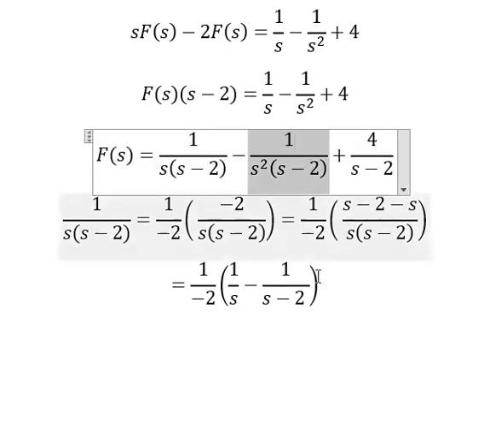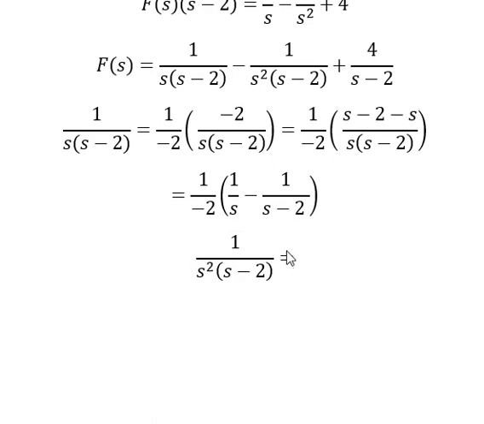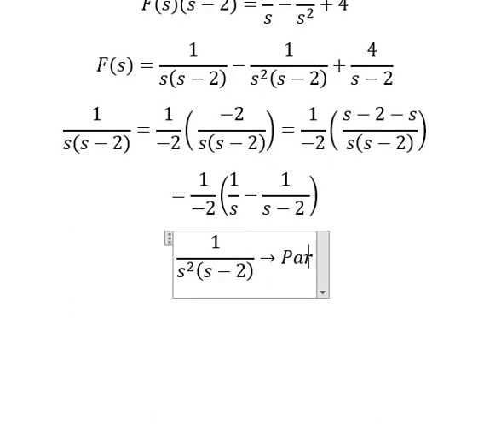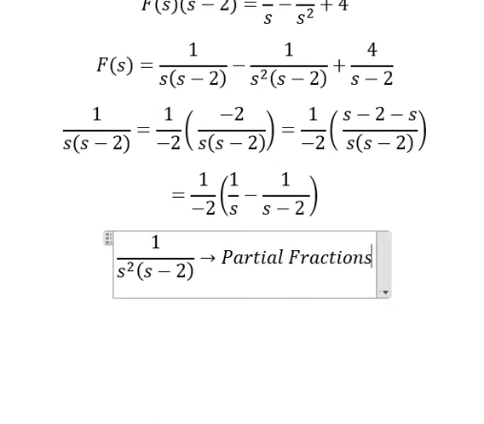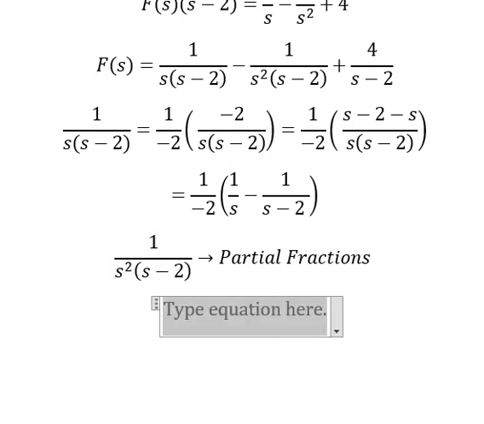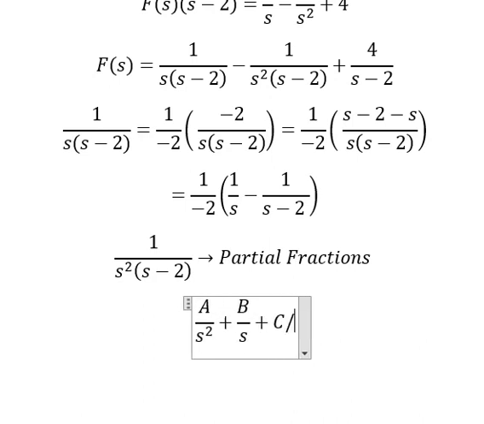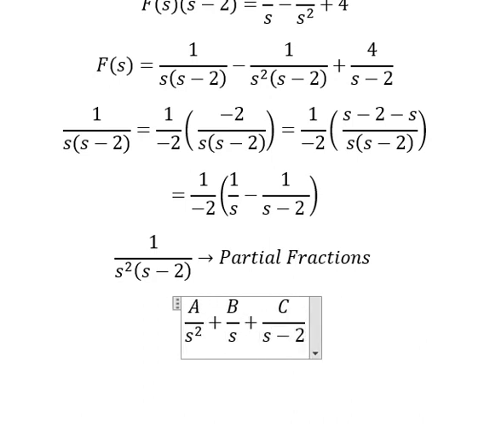So for this one, we need to do partial fractions. So I will put A over s squared plus B over s plus C over s minus number 2.